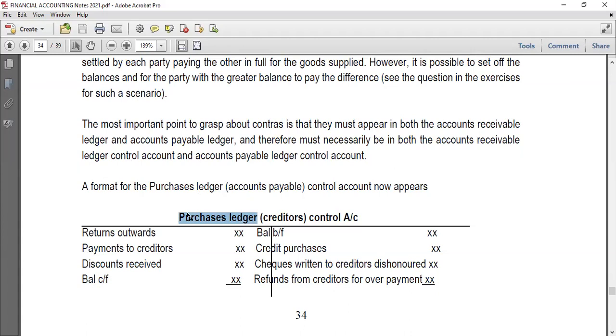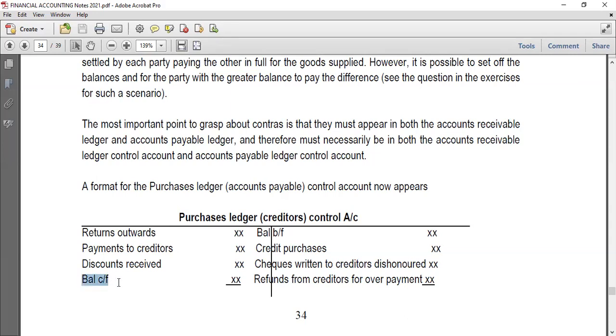So once we have our purchases ledger control account, it means that, now you know very well that creditors have a normal credit balance. You'll agree with me. Creditors have a normal credit balance, and that is why you're seeing your balance brought forward right on the credit side, okay? Your balance brought forward is actually on the credit side, and the balance carried forward is on the debit side or carried down, okay?